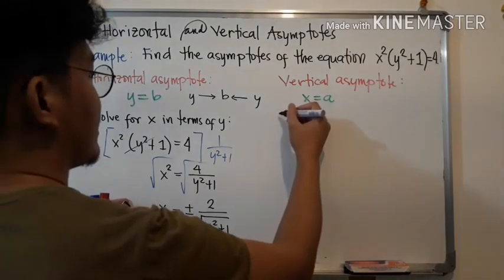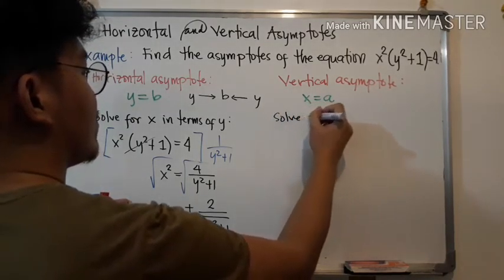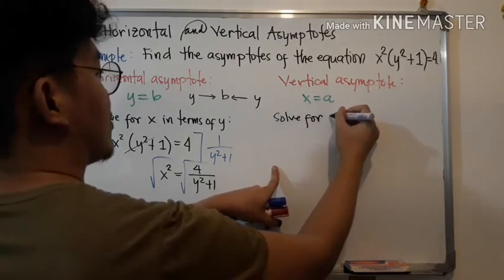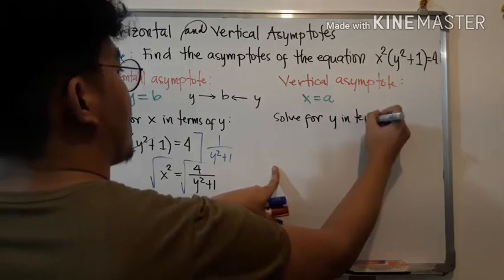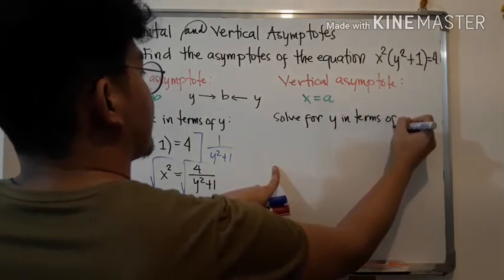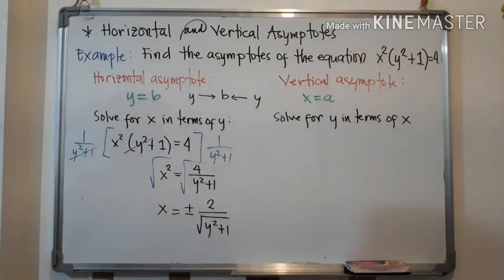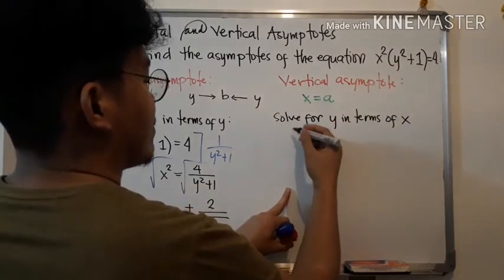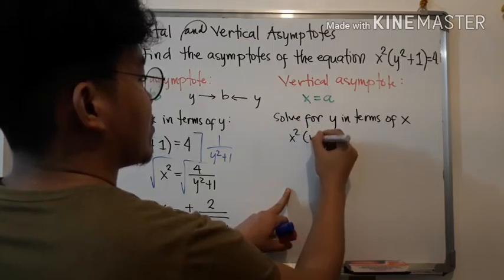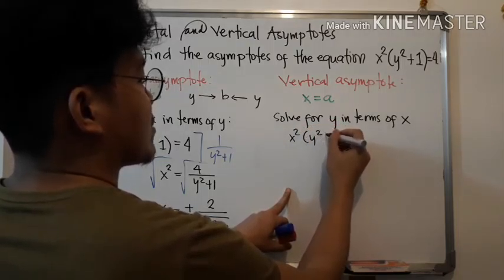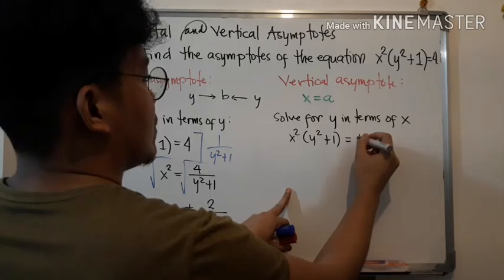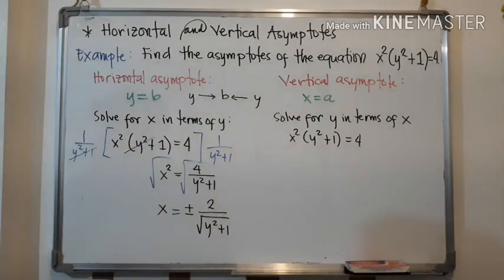So we solve for y in terms of x. We have the equation x squared times the quantity y squared plus 1 equals 4. So solve for y in terms of x.